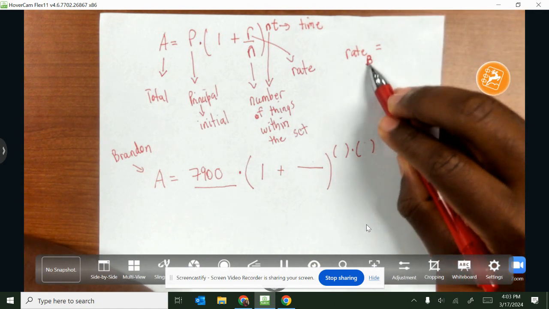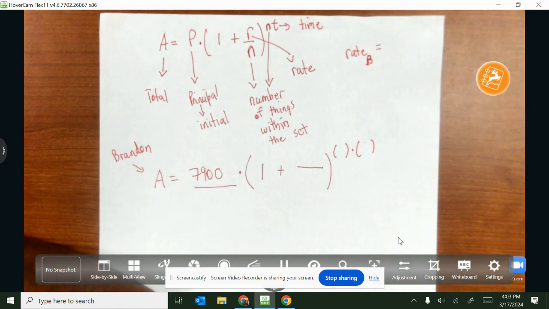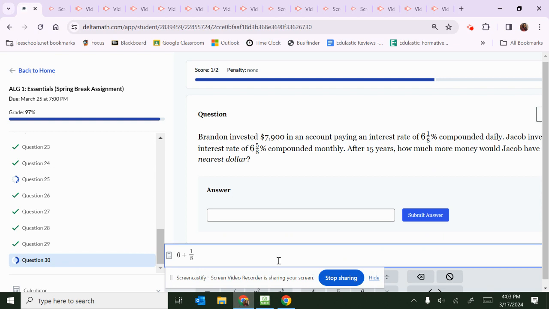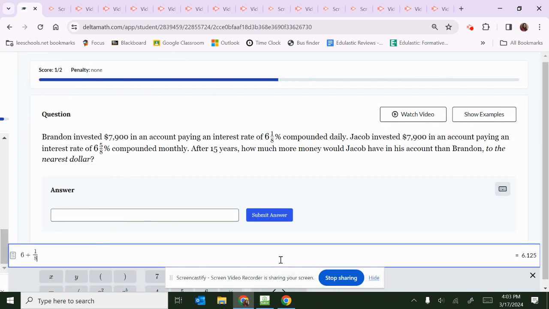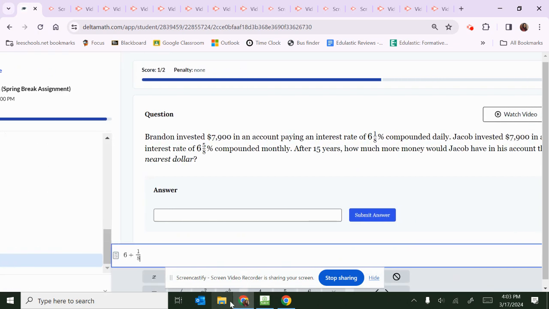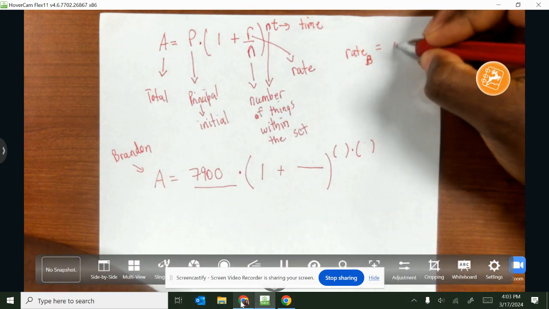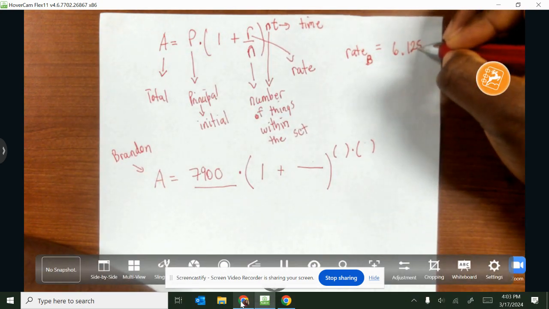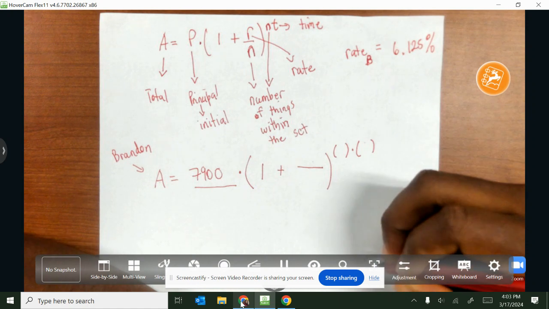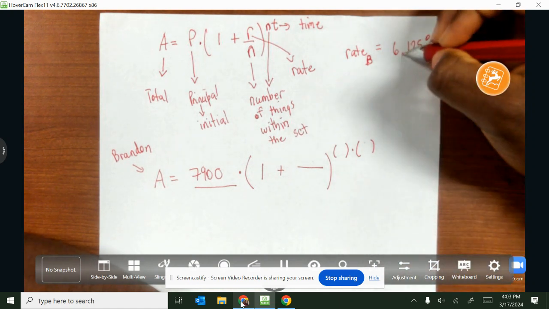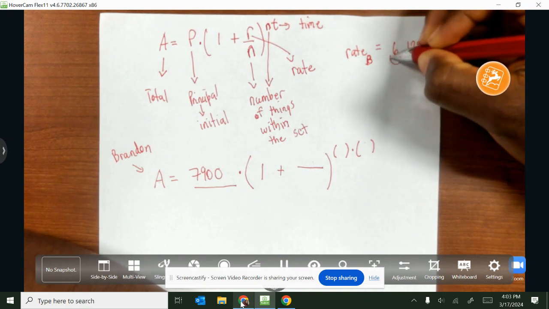The rate for B would be 6.125. But again, this is a percent and we don't want a percent. So I'm going to move the decimal point two times to the left, like Beyonce.